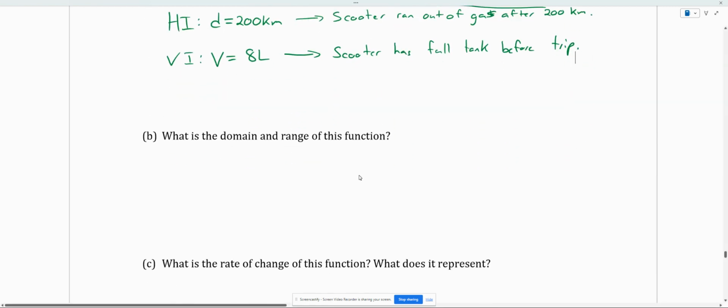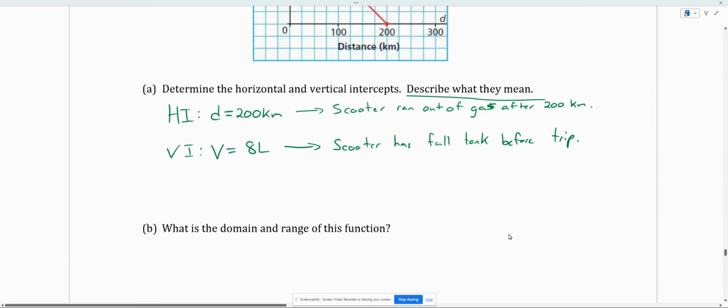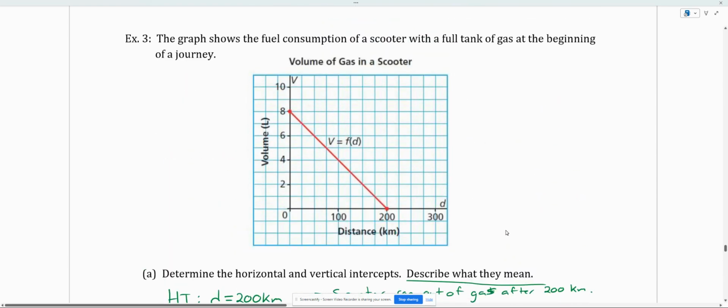Okay, next one is what is the domain and range of this function? Well, domain and range, remember, are the restrictions on the x variable and the y variable, but in this case the d is our independent and our dependent is the volume. So we're going to first get our domain here. It looks like it falls between 0 and 200.